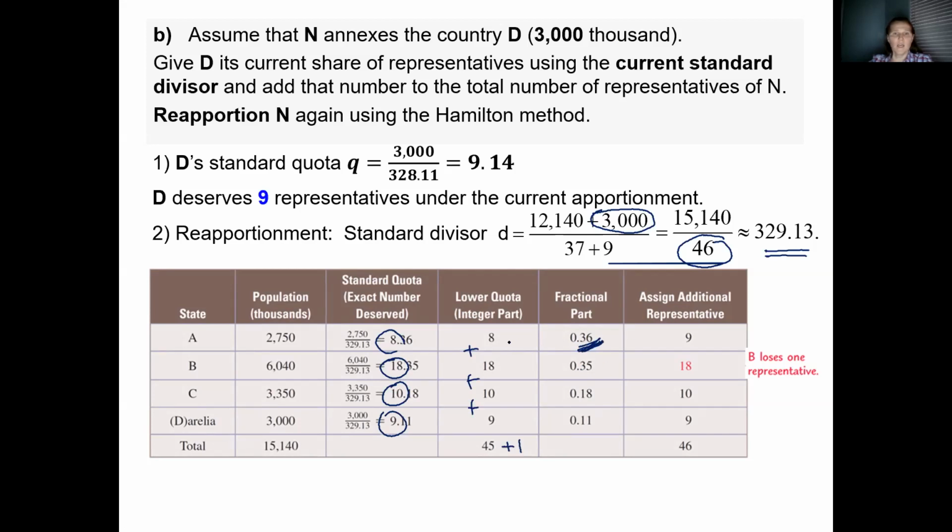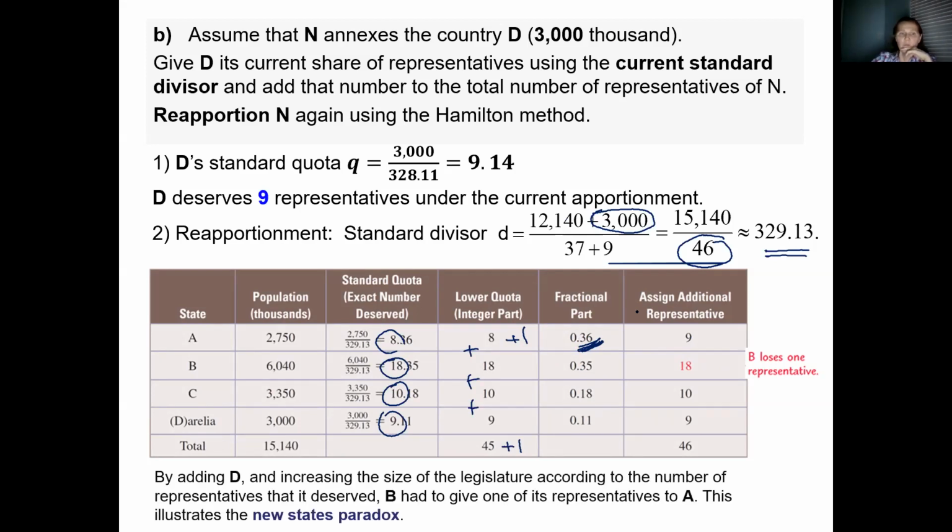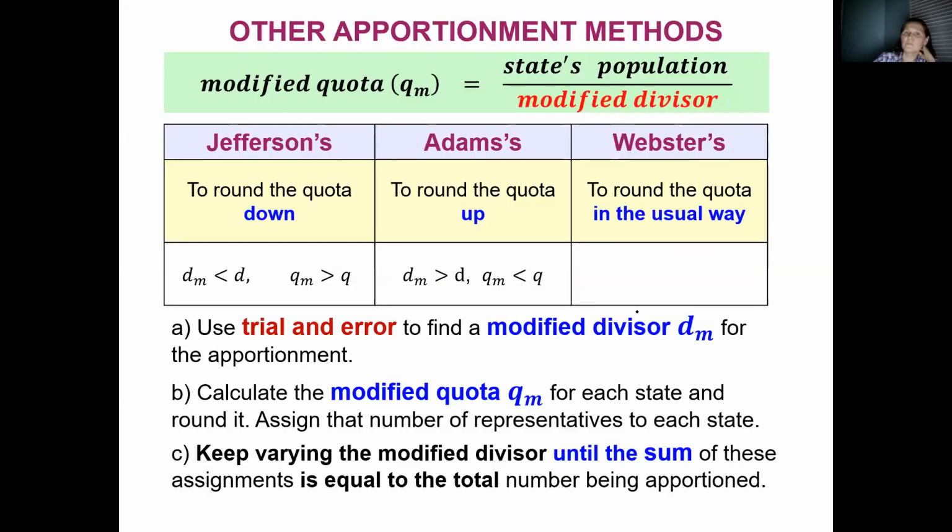So state A gets an extra, so 9 representatives. And if you compare with the previous slide, you will see that B loses 1 representative when another country is added to the country. So by adding D and increasing the size of the legislature according to the number of representatives that it deserves, B had to give 1 of its representatives to A. This illustrates the new states paradox.